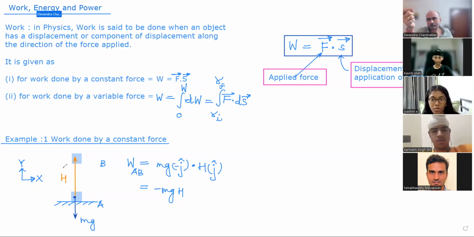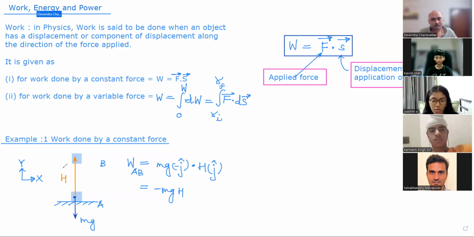Because Earth is applying that force. Somebody does apply it. And all these forces will be under the category of external forces. We are not finding work done by internal forces, right? So that's why we are saying it is the point of application of force. Since force is being applied, there will be a point of application of force too, yes or no?